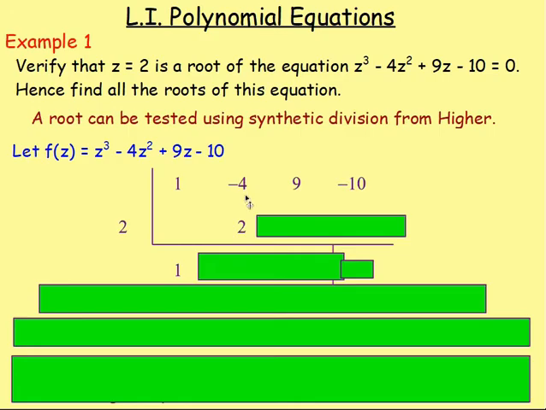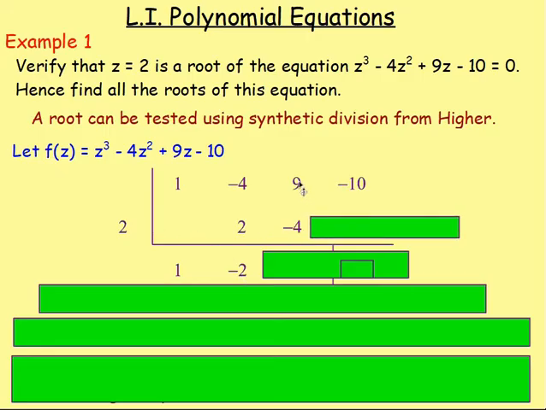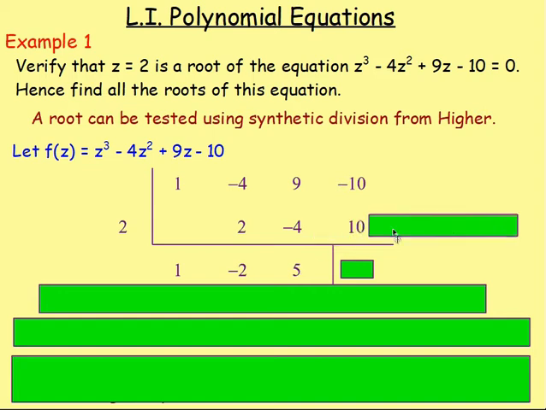After that, you want to add these numbers together, so negative 4 add 2 will give you negative 2. Again, multiply by the 2, so 2 times negative 2, negative 4. 9 add negative 4, or 9 take away 4, would give you 5. And after that, again, you're multiplying by the 2, so 2 times 5, 10. Negative 10 add 10 would give us 0.